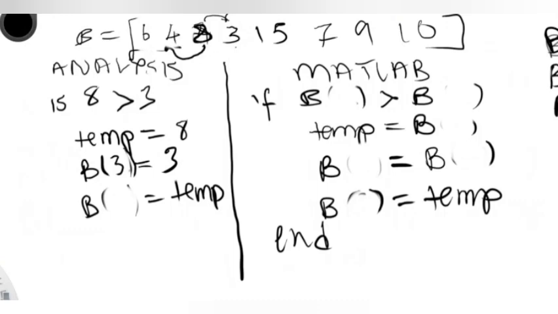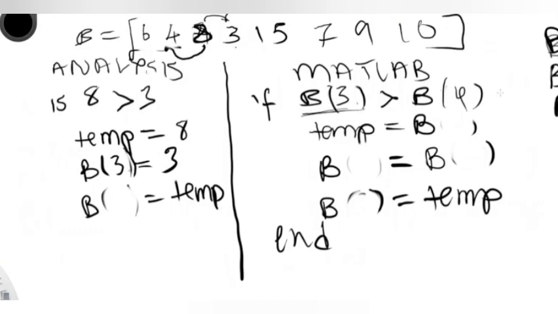So when we come to the MATLAB side, we're saying if B3, if 8, which is at B3, is greater than 3, which is at B4. So, like I said, if we have a 3 here, we have a 4 here. So we're essentially adding 1 to what is here.